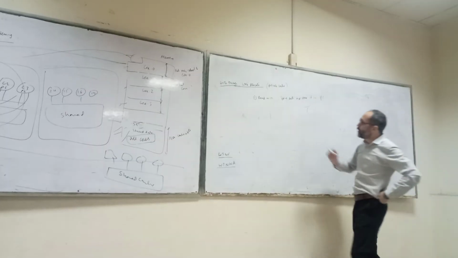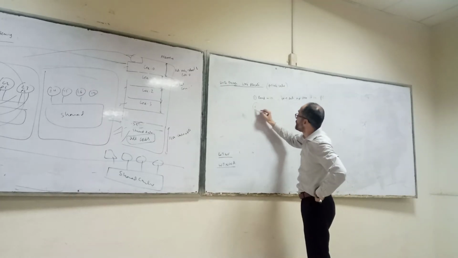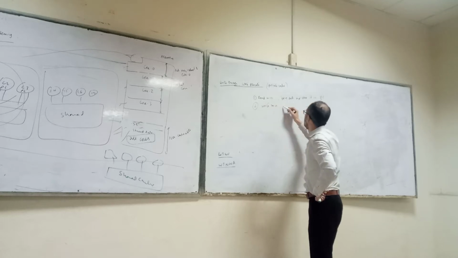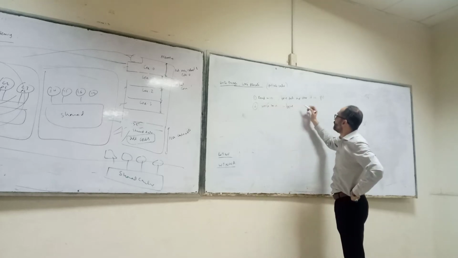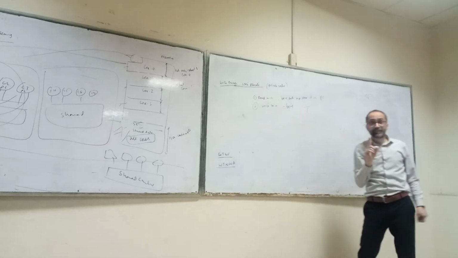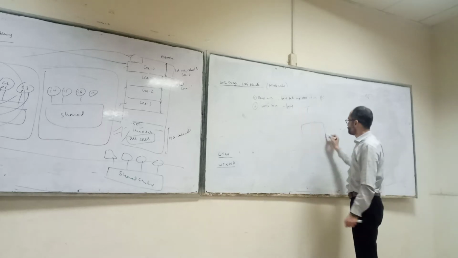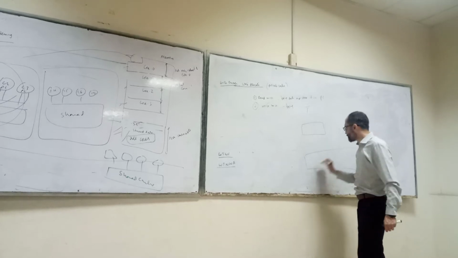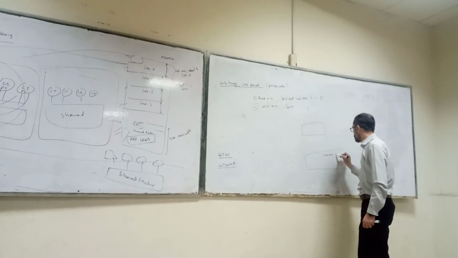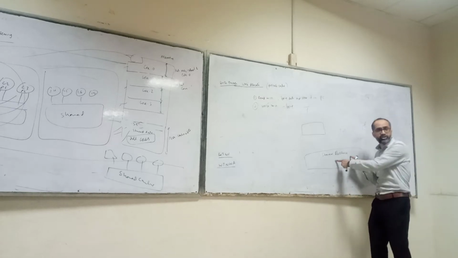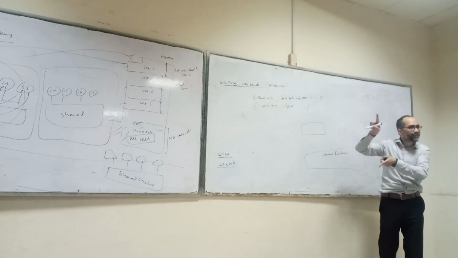Now we have a write miss. Let's assume you have some shared resource. This shared resource can be a shared cache or shared main memory.